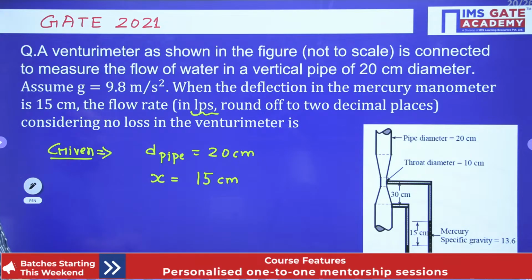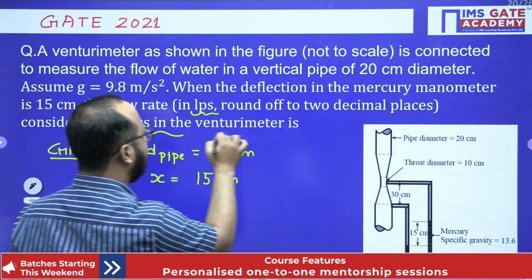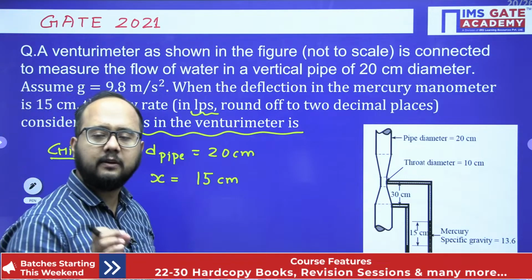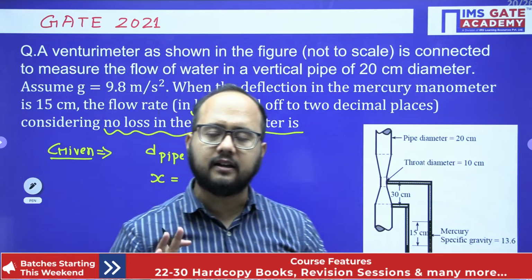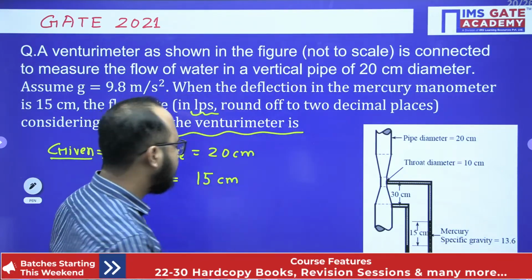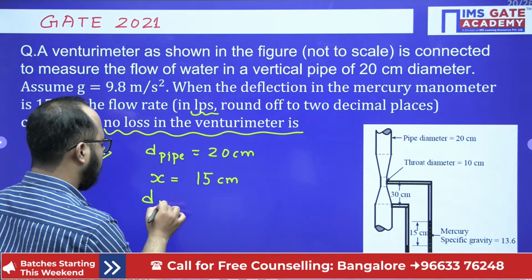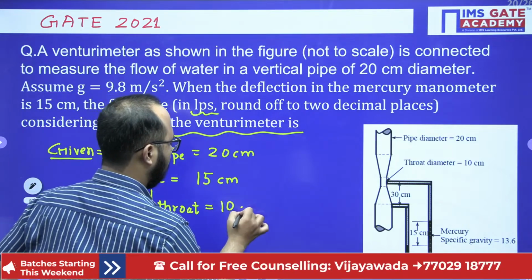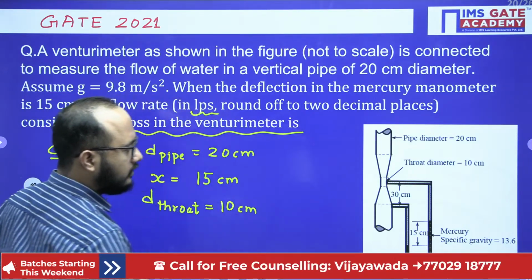So no losses they have mentioned, so I will directly use the theoretical formula. We don't need to consider any losses. Throat dia 10 centimeter. All these points are given.